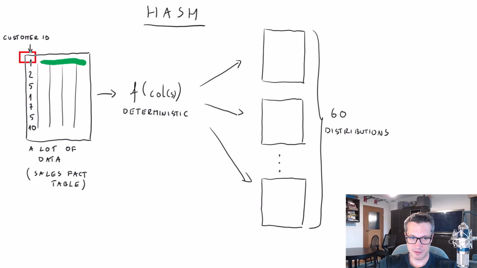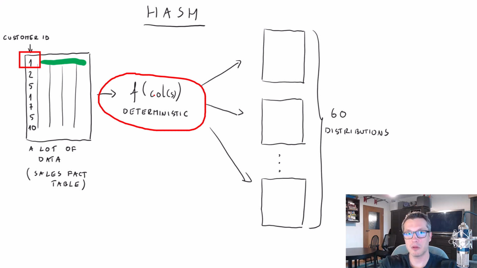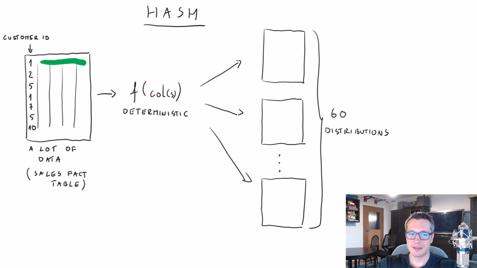Then for this value 1, our hash function will be calculated, and it is done automatically by Azure. And let's say that for this value it decided to store this row inside the first distribution here. That's why I drew this green row in this place.